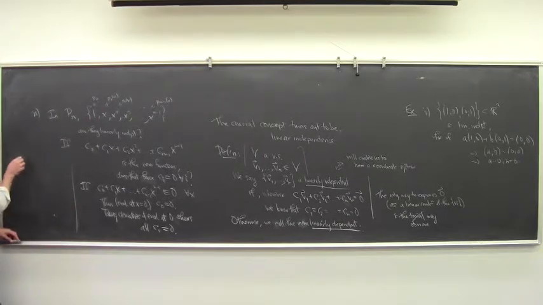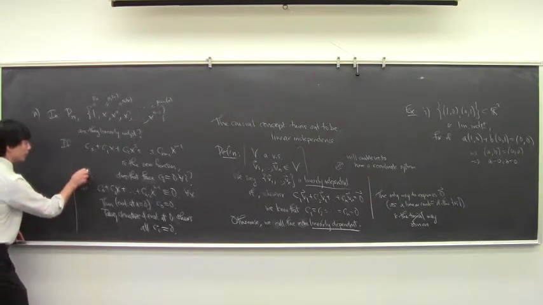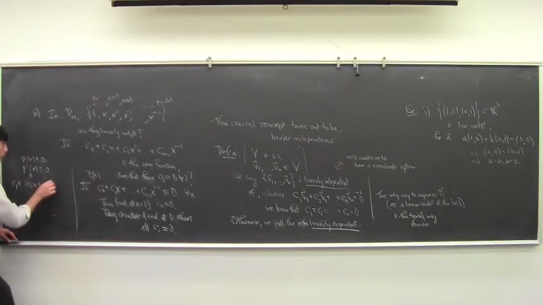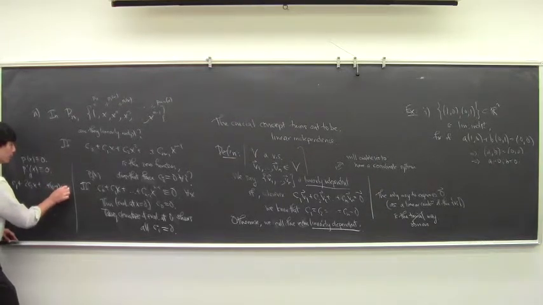So let's call this thing P. P of x equals 0, right? P prime of x is also equal to 0. P prime of x, however, is C1 plus 2C2x plus up to n minus 1 times Cn minus 1 times x to the n minus 2.